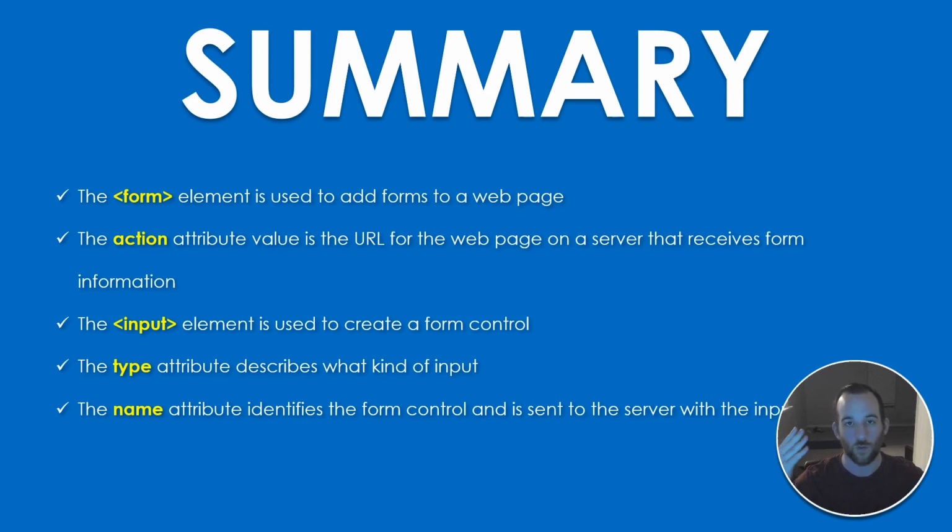In this case, we used username. The type attribute on the input element is what kind of form control it's going to be, like a checkbox, radio button, text, or password. There's several different kinds. And then the name attribute is what identifies that form control with the value that's selected or typed in.